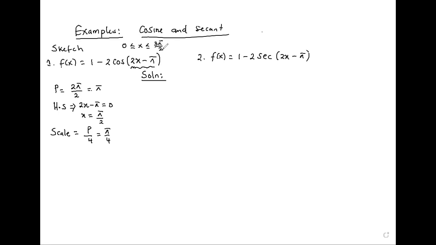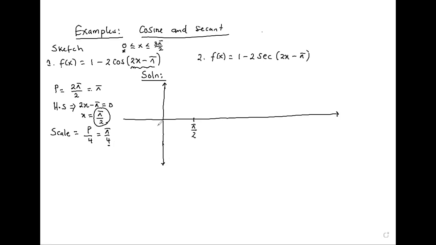So we always start from the horizontal shift, which is pi over 2. So we'll start from pi over 2. But we must sketch from 0.